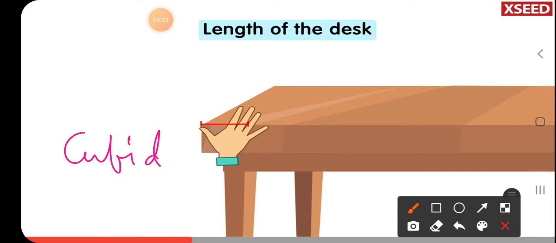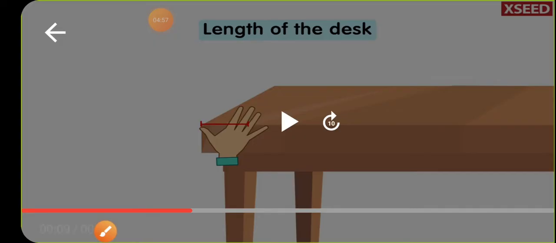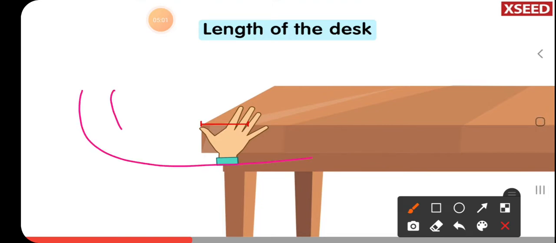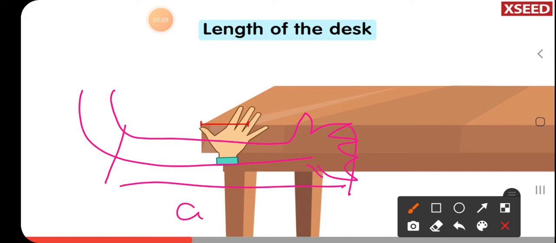Cubit is the distance from your elbow to your finger region. This entire distance we call a cubit. In the olden days, along with the handspan, the cubit was also used to measure things.